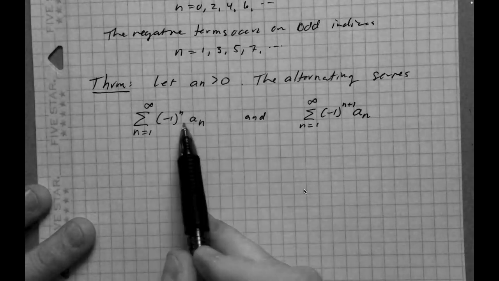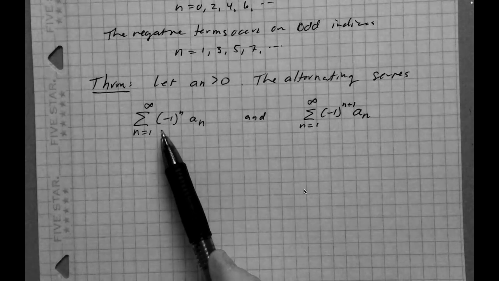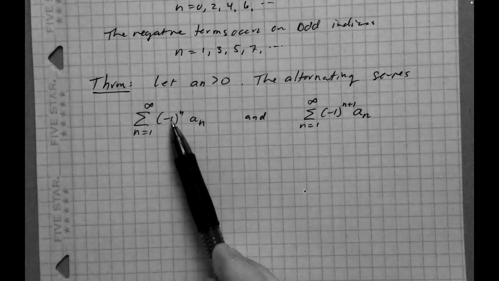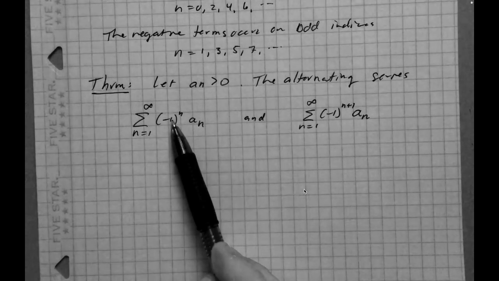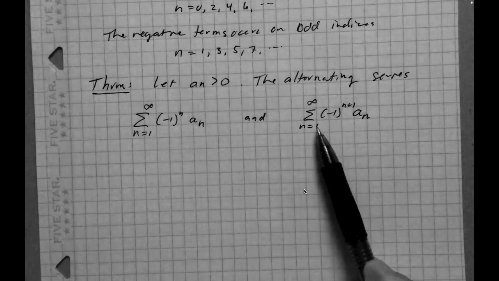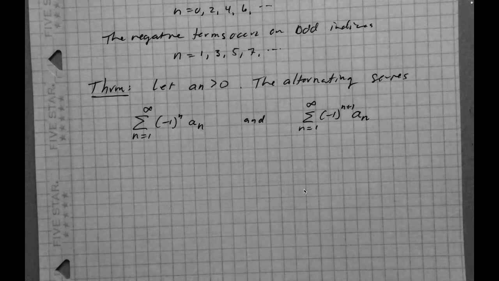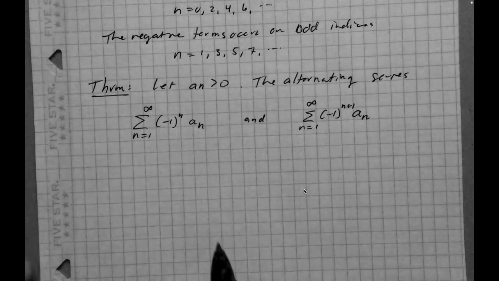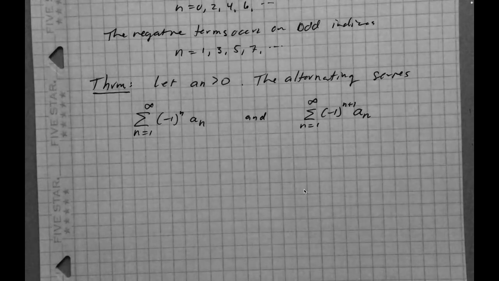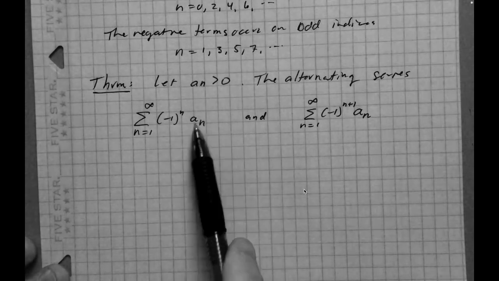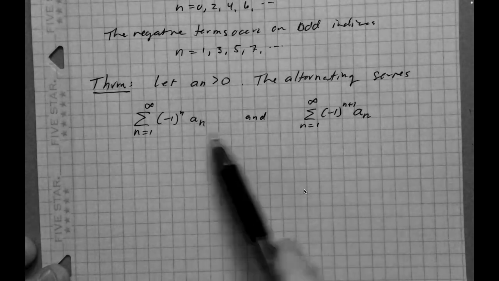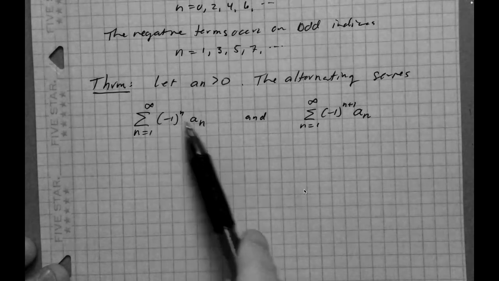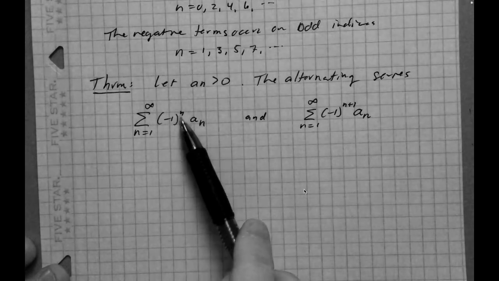The only difference between these two is that here you're going to have negative on odd, and here you're going to have negative on even. There's really no practical distinction between these two. You just have to be careful. The proof requires us to call this out a little bit, but fundamentally speaking, there's no major distinction in how you treat them. Letting a_n be a positive value means this piece is positive, and when a term is negative, the negativeness comes wholly from the negative 1 to the nth power.